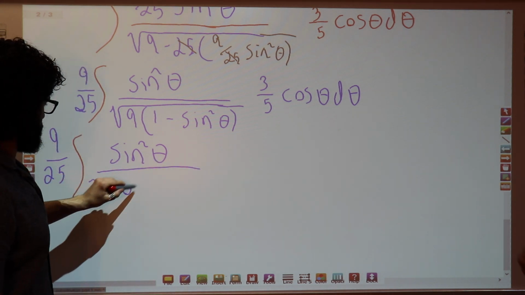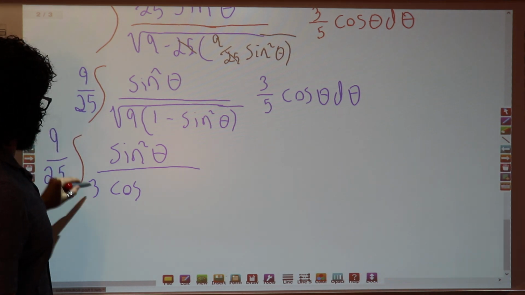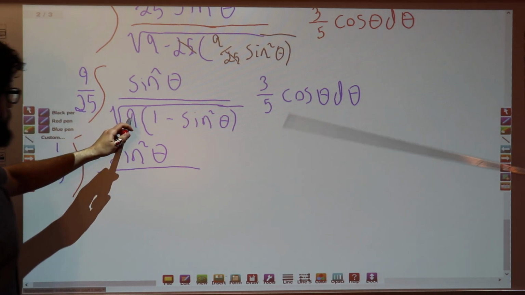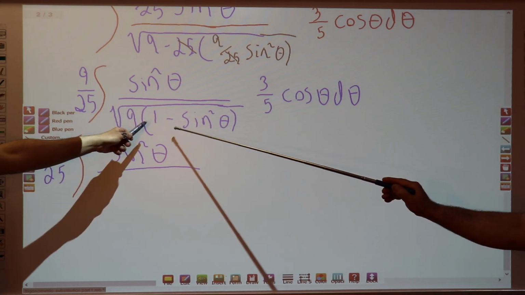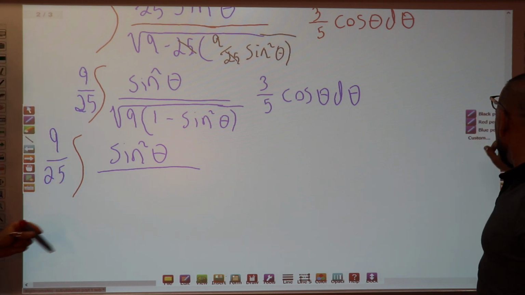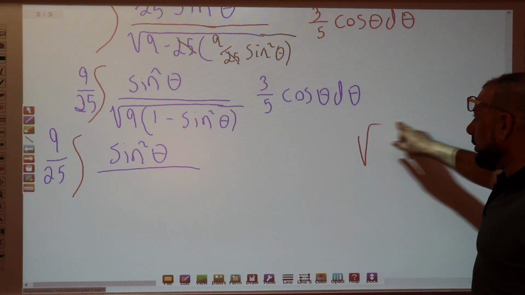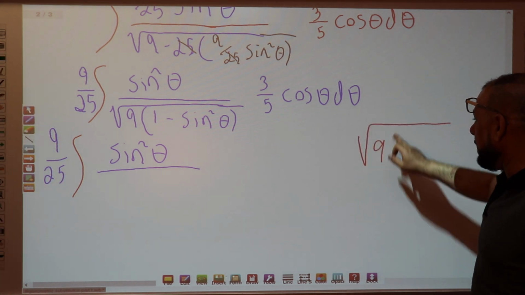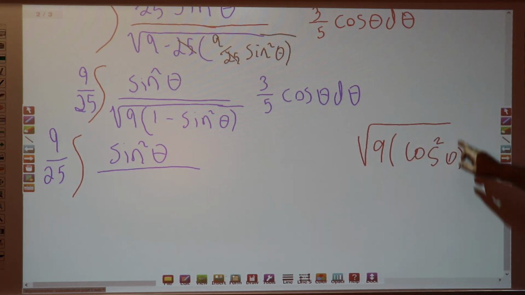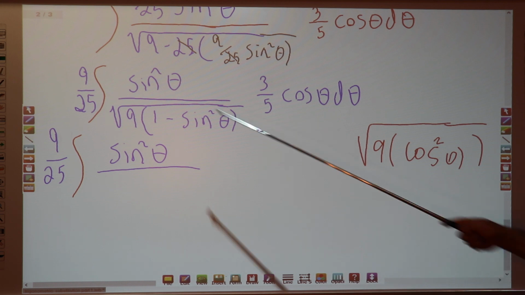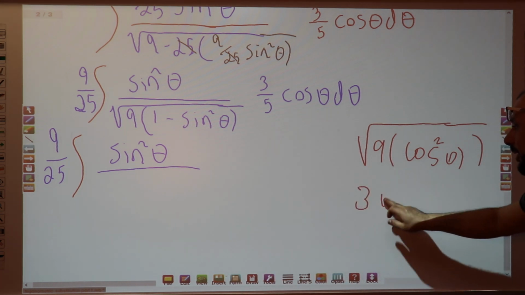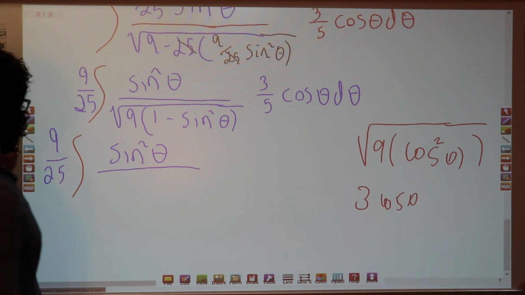Now just write this one and explain for them why 3 cosine theta. Because you're taking the square root of 9, and 1 minus sine square is cosine square. Can I do it right here on the side for them? This is what he has: 9 and cosine square theta. Instead of 1 minus sine square, we write cosine square. Then this becomes 3 cosine theta. Okay, Ismail, you can write 3 cosine theta.